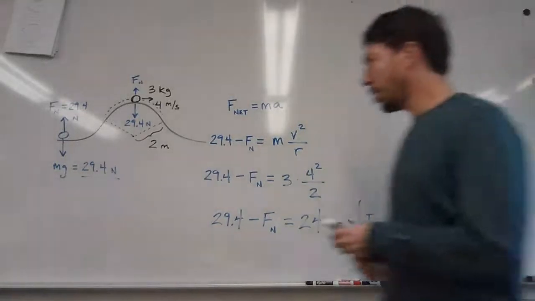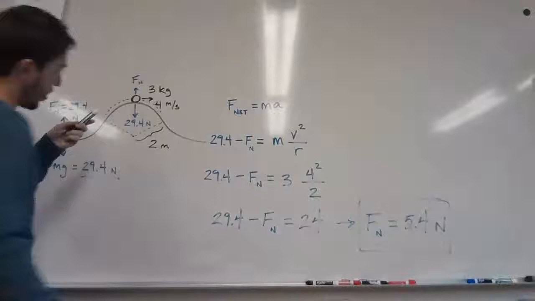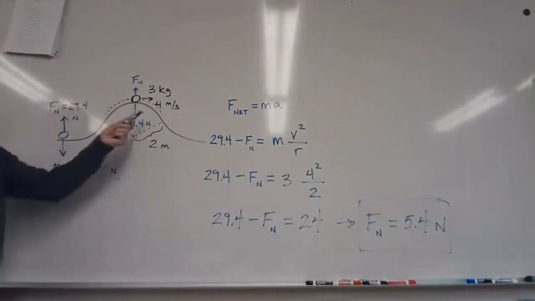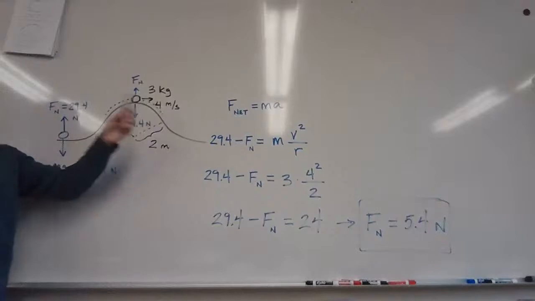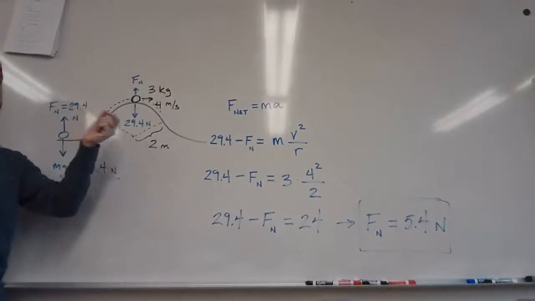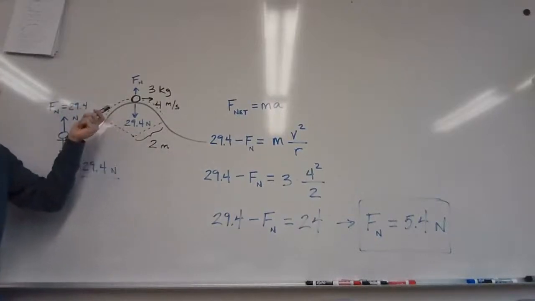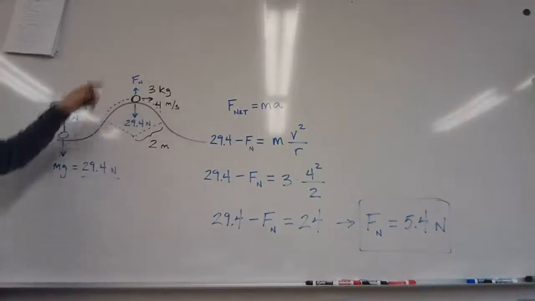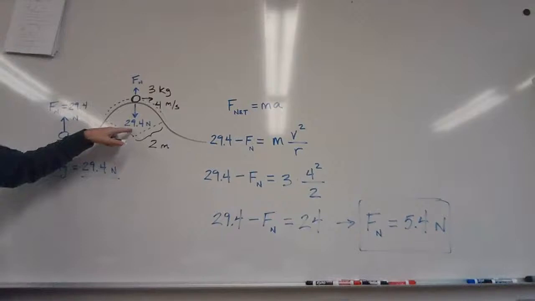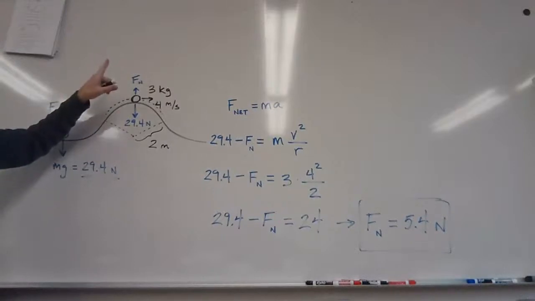So do you understand that if we increase this number ever so slightly, he would feel weightless? Because what if the centripetal force required was just 29.4? Then there would be no normal force.